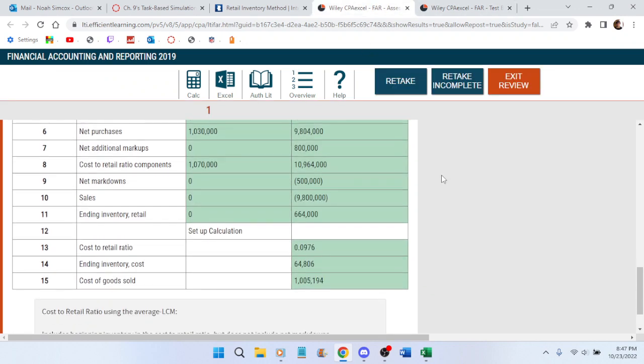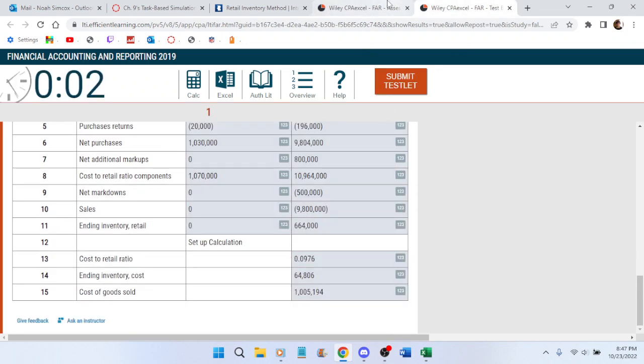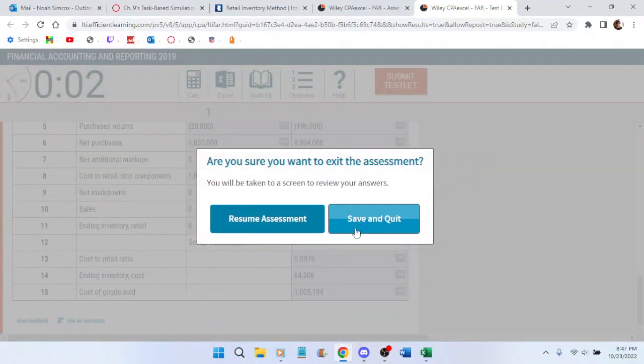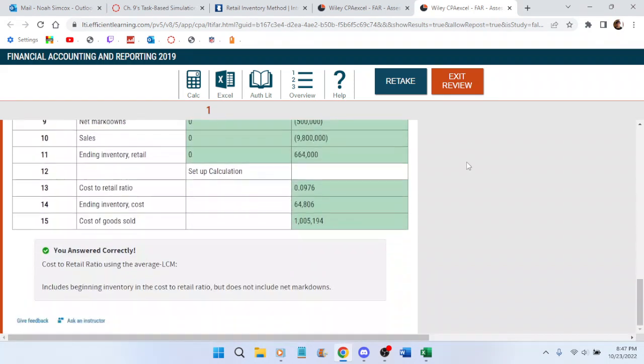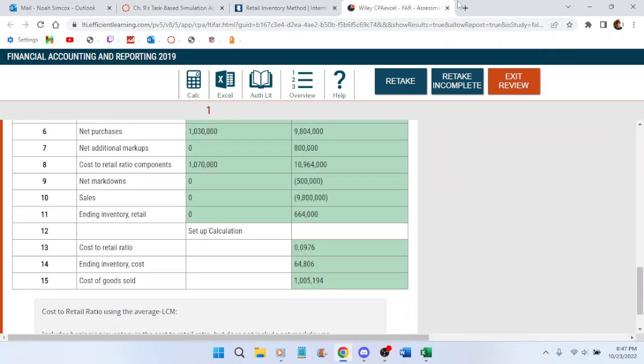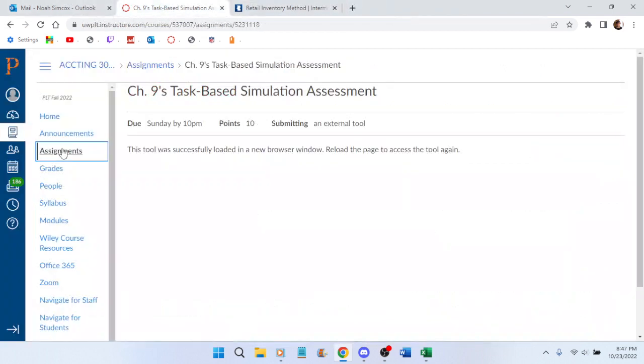See, they're all in parentheses. They're all the same numbers. Man, that was terrible.